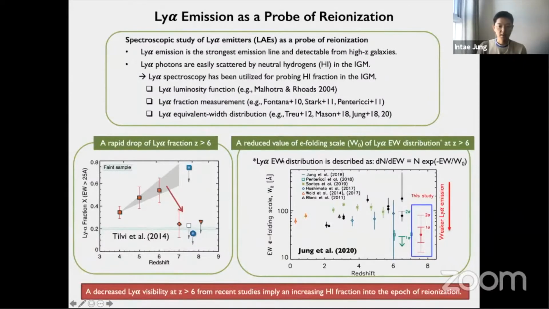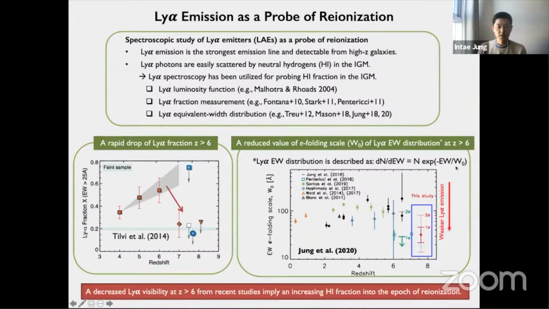This analysis of Lyman-alpha equivalent width uses more observables than the Lyman-alpha fraction, such as Lyman-alpha flux and galaxy UV magnitude. The Lyman-alpha equivalent width distribution is often described in an exponentially decaying functional form with the characteristic e-folding scale W naught here.